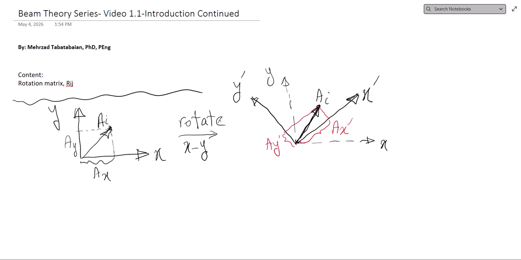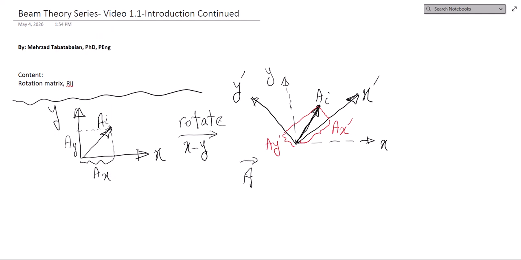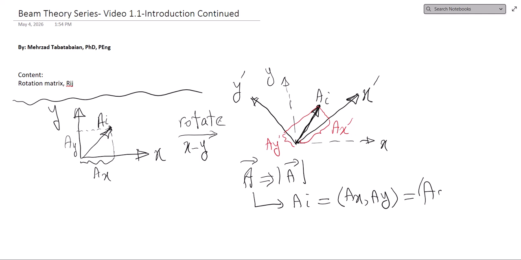So we are basically representing the same vector in different coordinates, but the coordinates are related to each other by a rotation, a solid rotation.